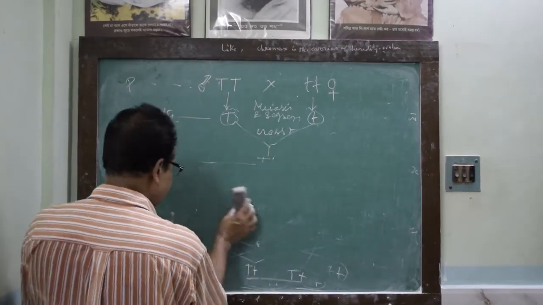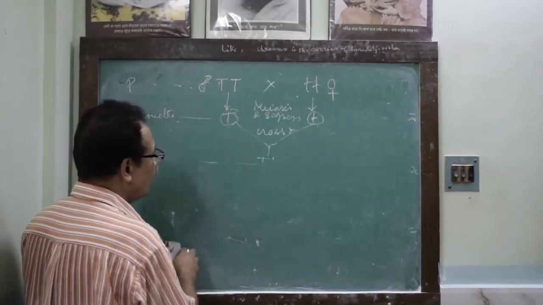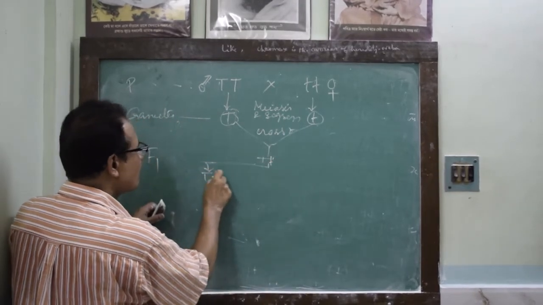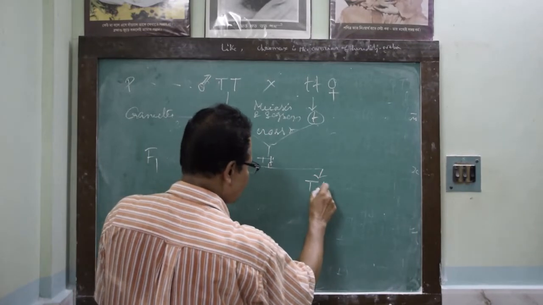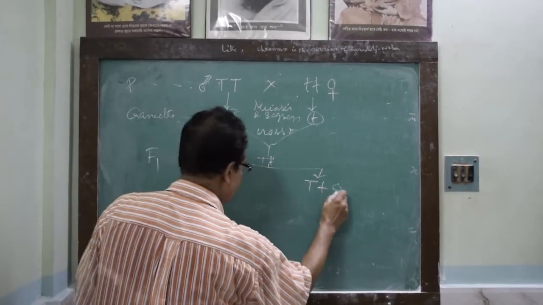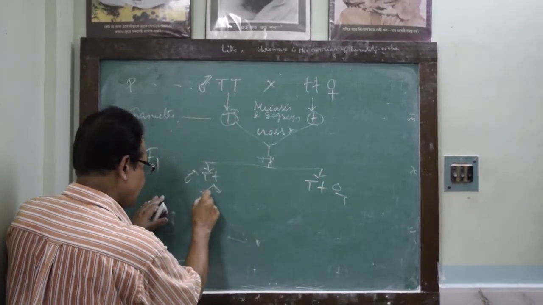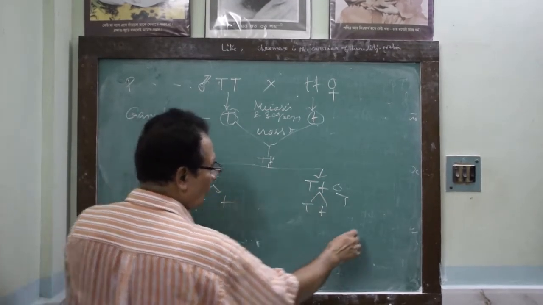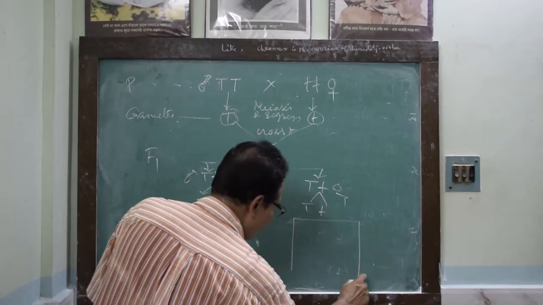Scientist Punnett first discovered it, and for this you write the gametes, that is male, female, capital T, small t, capital T, small t, and now you put them into the checkerboard.